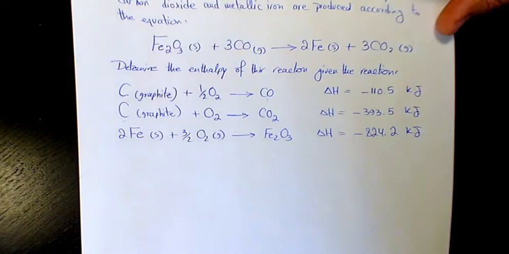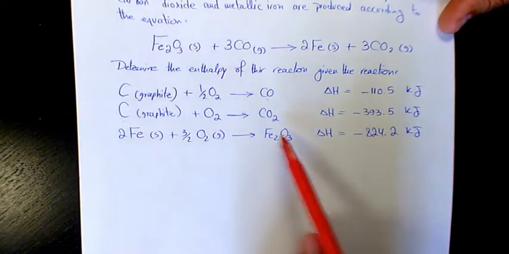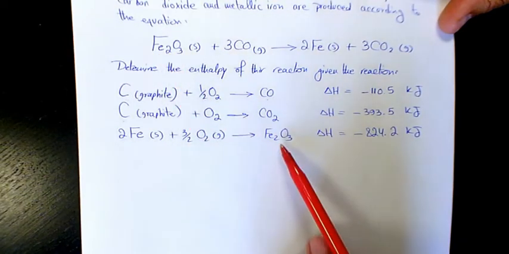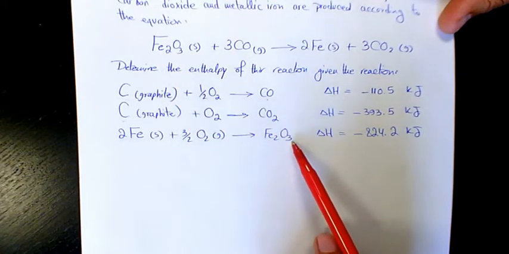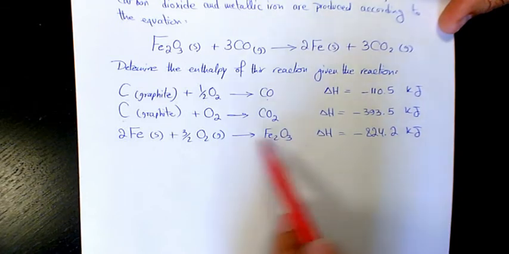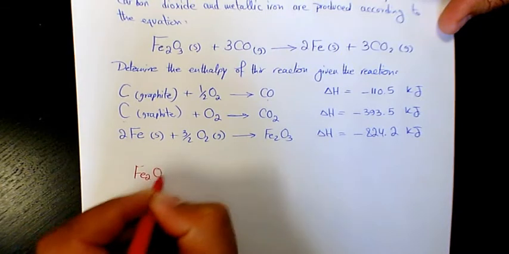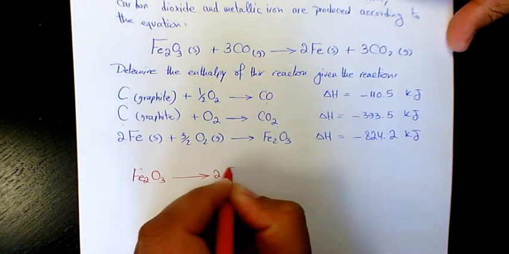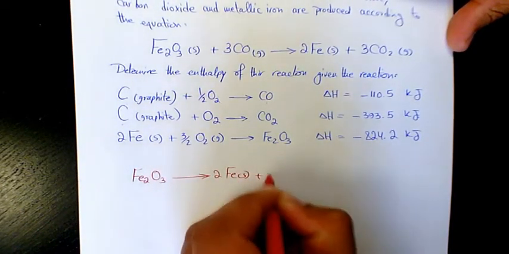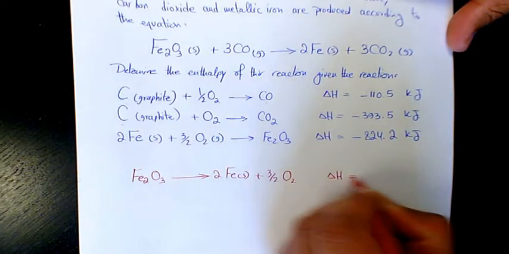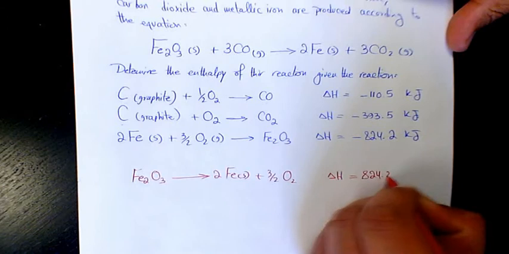So what should we do now? We basically have Fe2O3 on the reactant side and Fe2O3 on the product side in here. So I need to reverse this one. Fe2O3 gives 2Fe plus 3 over 2 O2. Delta H is going to be 824.2 kilojoule.